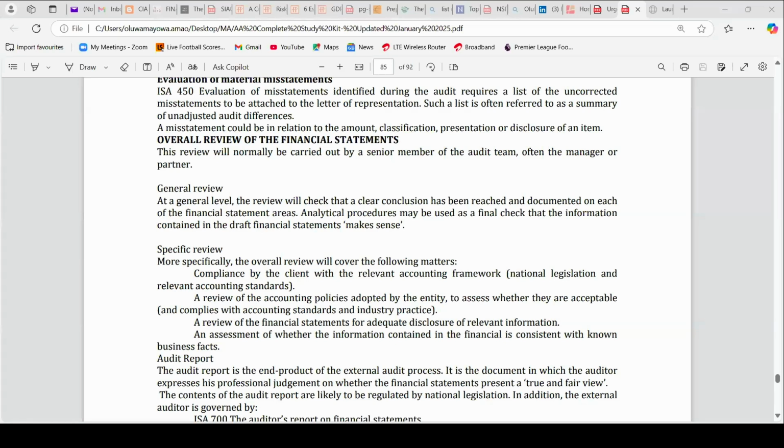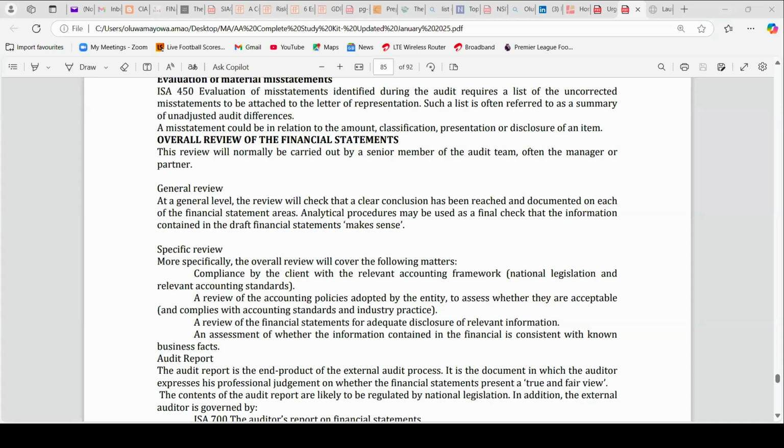So it's the same thing when it comes to audit. Misstatements are errors, they are omissions, they are incorrect figures or figures that are stated wrongly. It could also be misapplication of accounting policies.